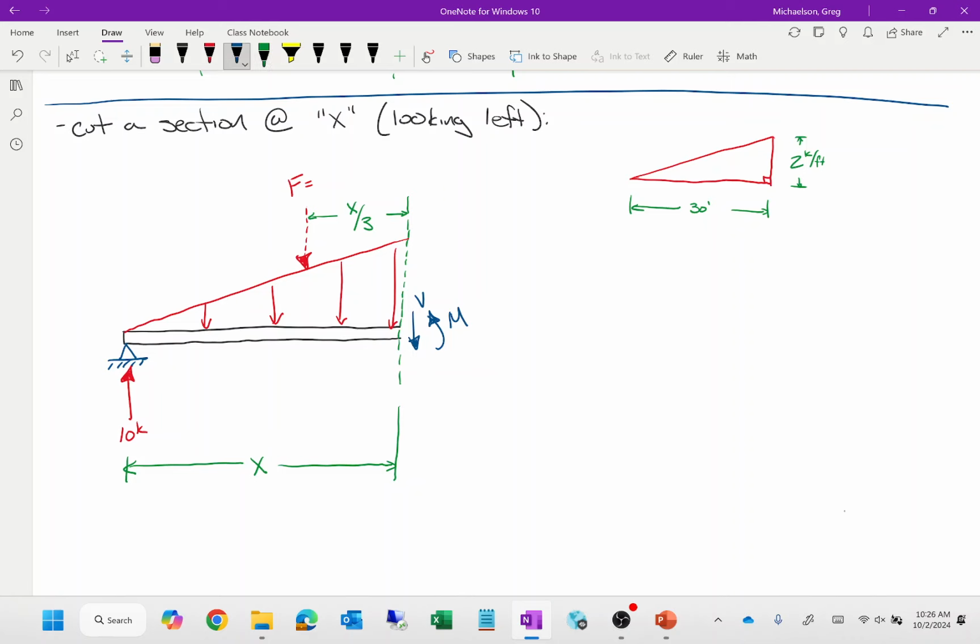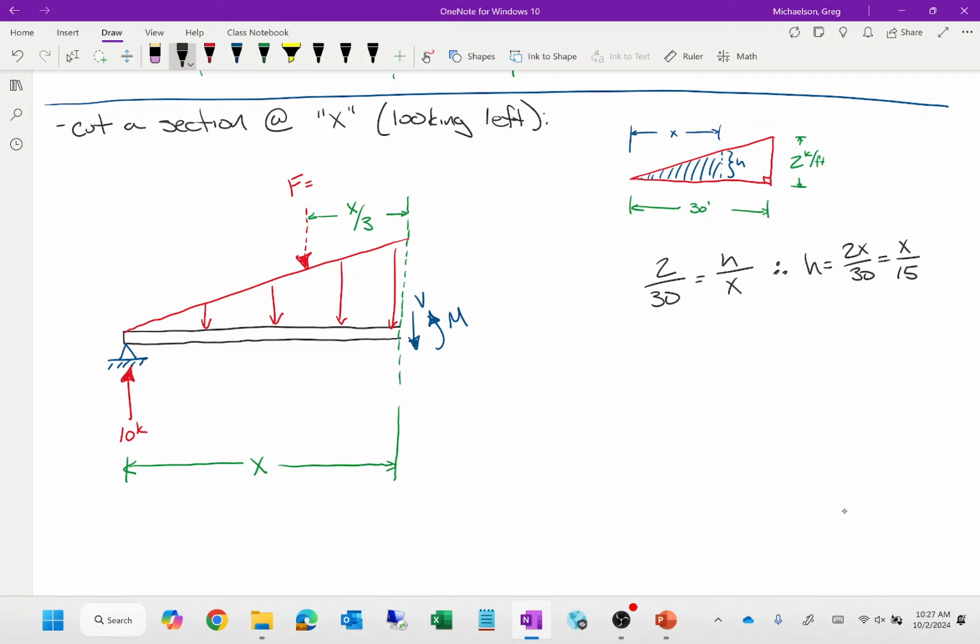And what we did is cut a section at some distance X. What I'm interested in is h, right? So 2 is to 30 as h is to x. Is that a fair statement? So therefore h is two x over 30, or x over 15.